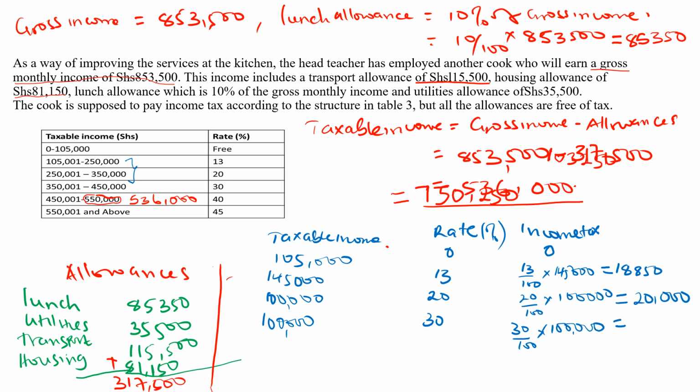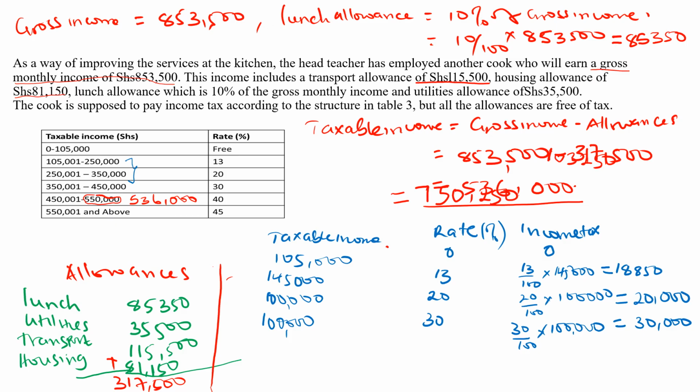So the answer that we are getting here will be 30,000. So far, how much have we taxed? If you add all this, we get 450,000. Yet, what you need to tax should be 536,000. So keep on monitoring taxable income. The amount of money that you have taxed should be totaling to taxable income.